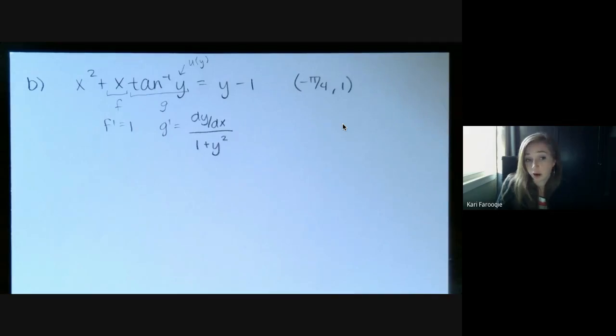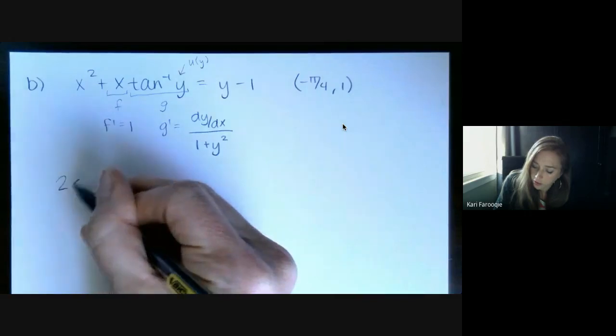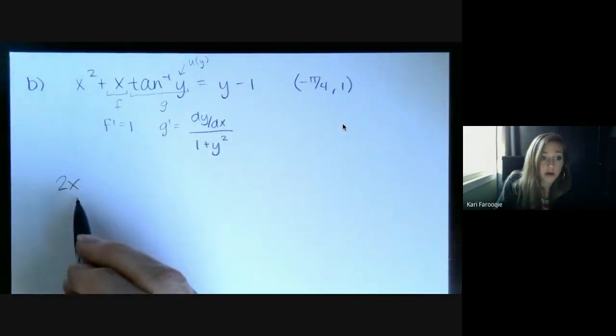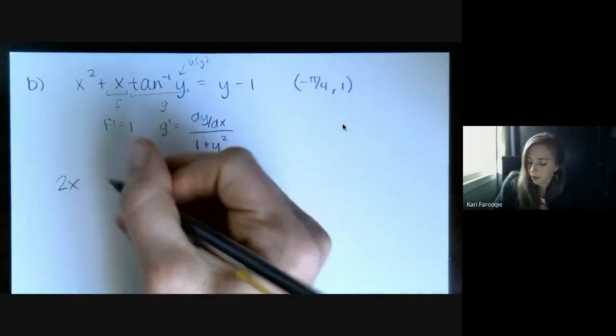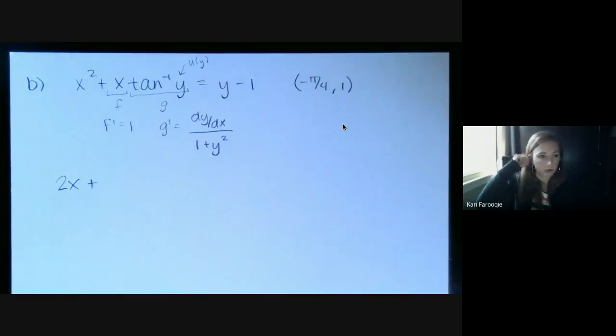Now, when we use the product rule and we take f prime g, remember that g does not get a dy dx tagged onto it because g is not g prime. If you're not actually taking the derivative of g, then you don't pop it on there. Okay, so the derivative of x squared is 2x. Now, here's where the product rule is going to come in.